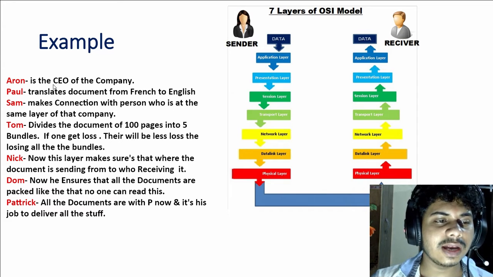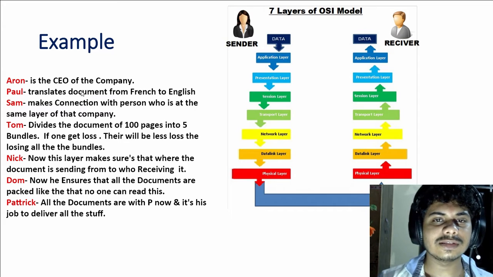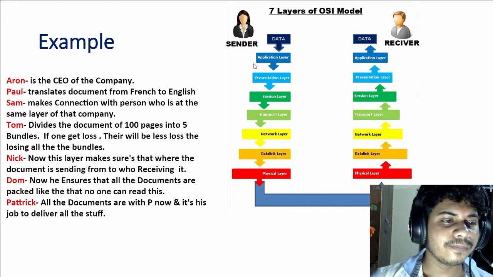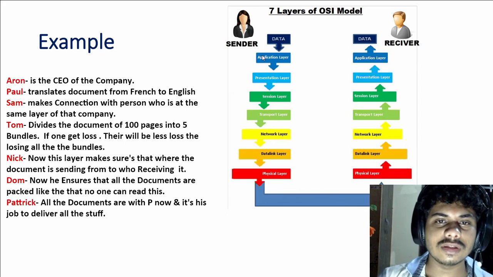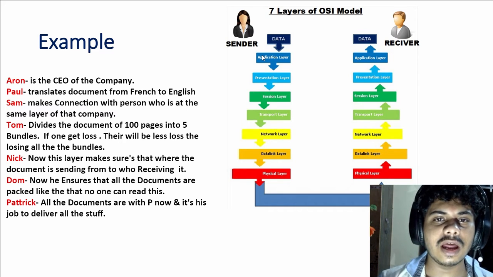So these names are related to these layers, so you can relate to it. Now let's take an example that Aaron is a CEO of a company, which is right here on the application layer. And I'm not talking about these layers now.